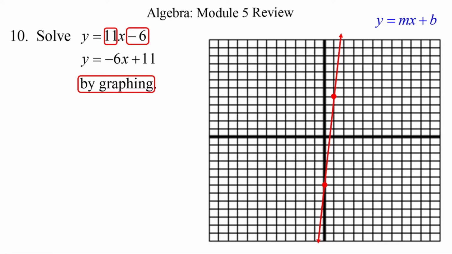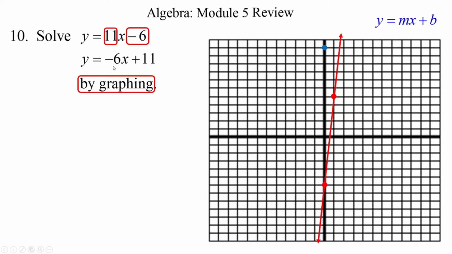Okay, now the second equation, the y-intercept is 11 this time. So let's find a y-intercept of 11. 1, 2, 3, 4, 5, 6, 7, 8, 9, 10, 11. And there it is right there. Okay, now my slope is -6, or -6 over 1.